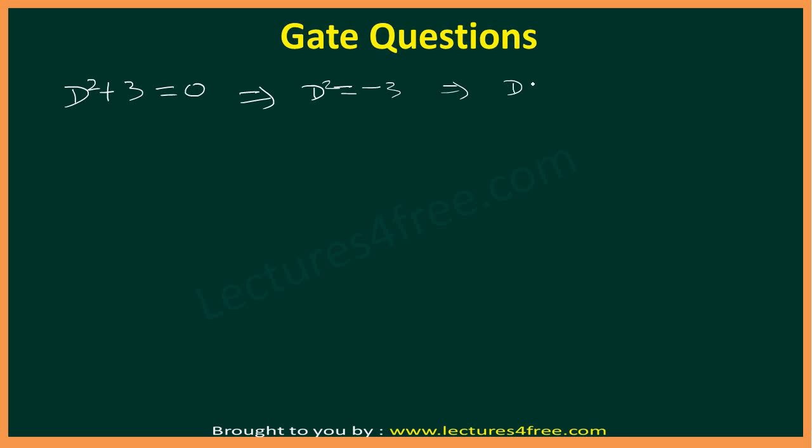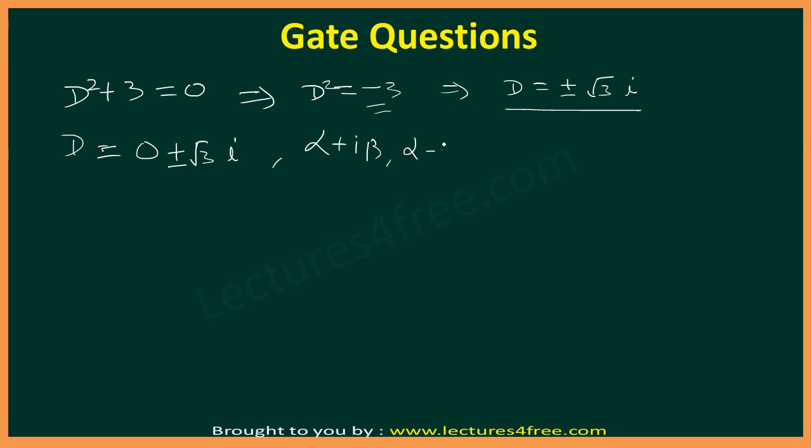So D is equal to plus minus root 3, because the minus sign is there, so you will get a term like i. Or you can write it as 0 plus minus root 3 into i. So you are getting roots like alpha plus i beta and alpha minus i beta, where alpha is equal to 0 and beta is equal to root 3.